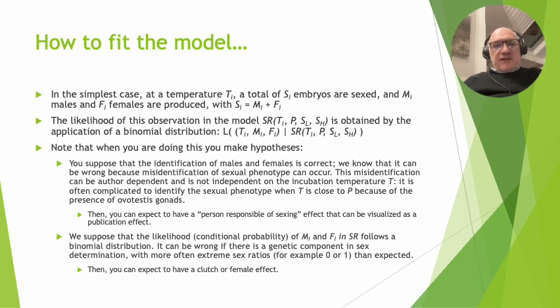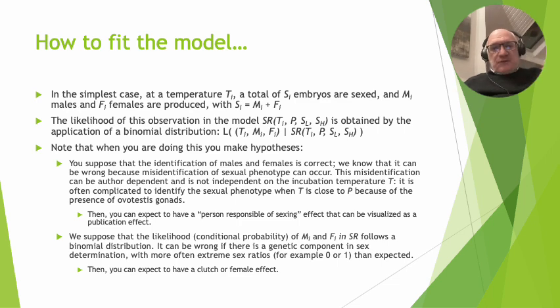This misidentification can be author dependent and is also dependent on the incubation temperature T. Indeed, it is often complicated to identify the sexual phenotype when T is close to P, the pivotal temperature, because of the presence of ovotestis gonads. Then you can expect to have a publication or author effect.